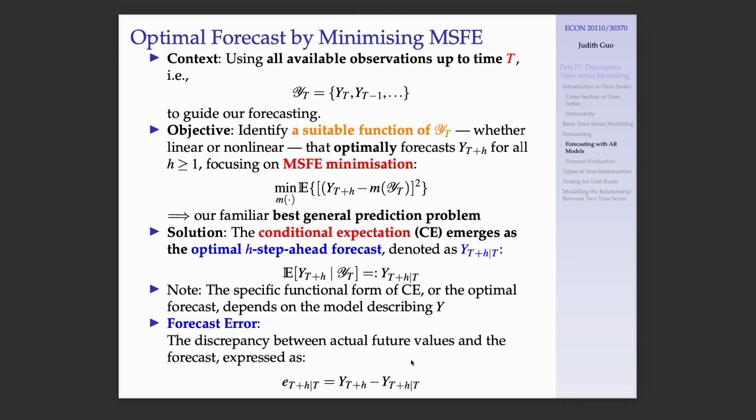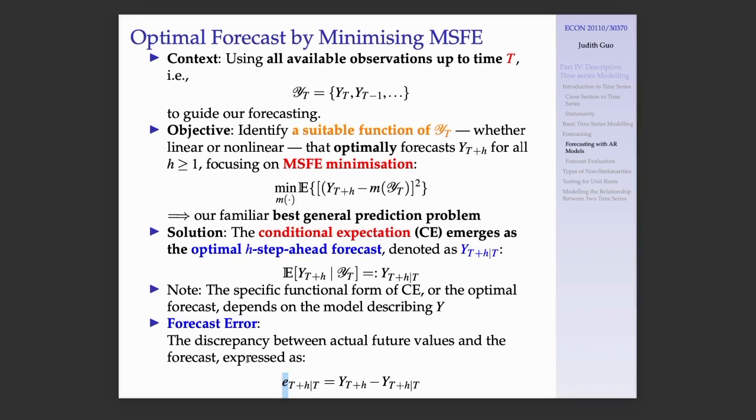And the difference between the actual future value and the forecast, okay, that is denoted using this E, the H-step ahead forecast using information up to time t, and E stands for the forecast error. It's not really an error, okay, it's not a mistake. It's basically the difference, okay?